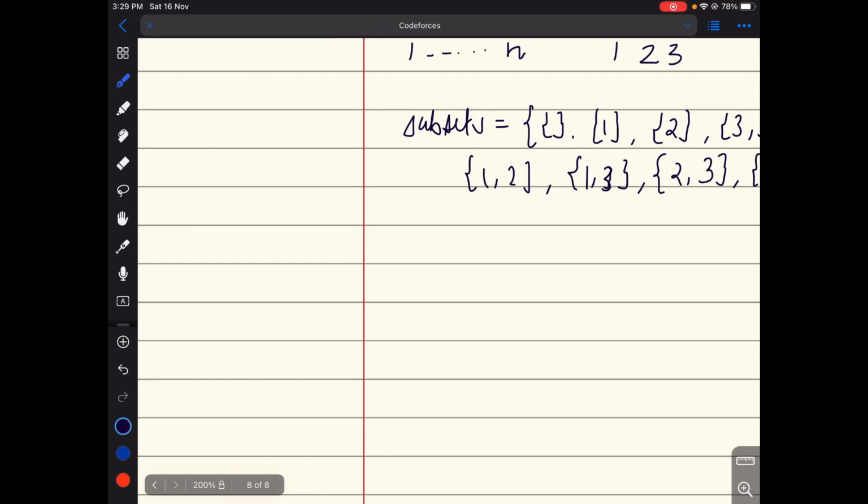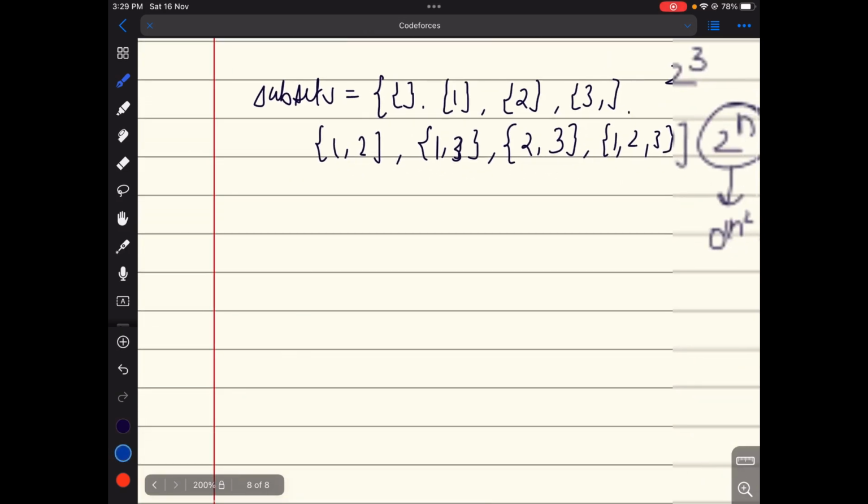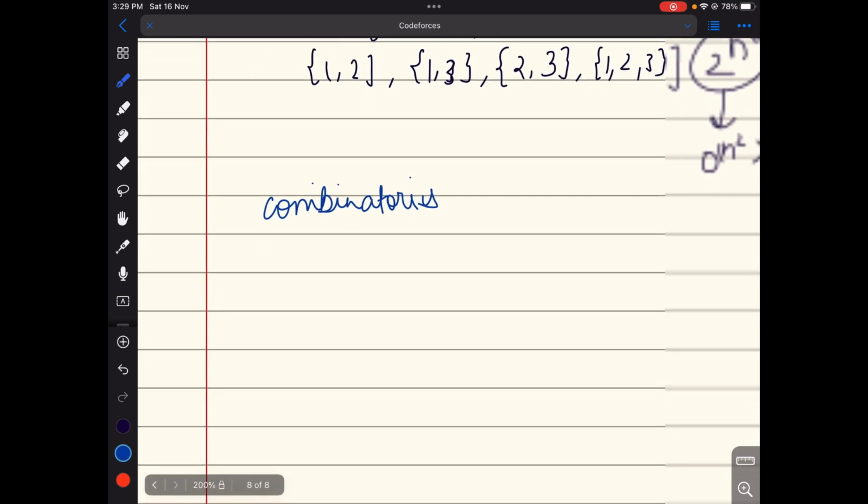Now we need to solve this question. This question is a problem of combinatorics, and we need to evaluate all the possible cases.